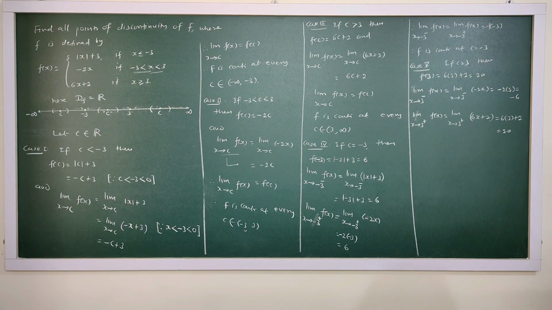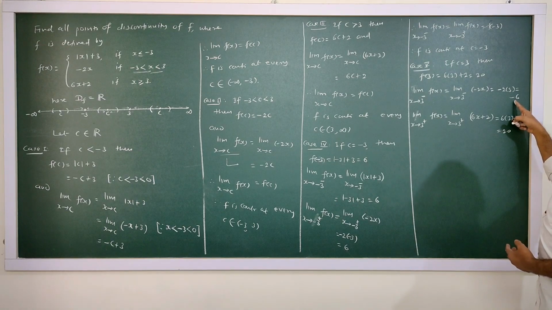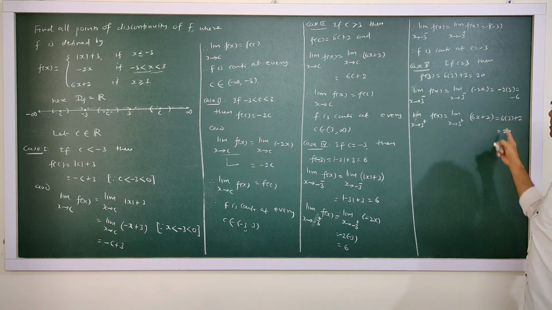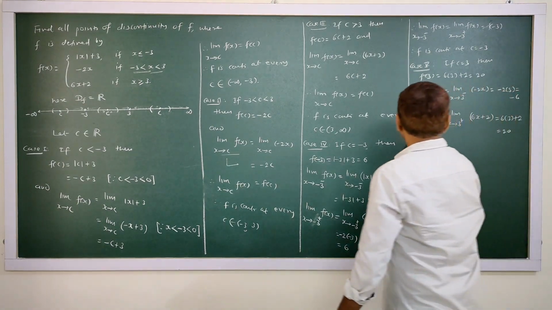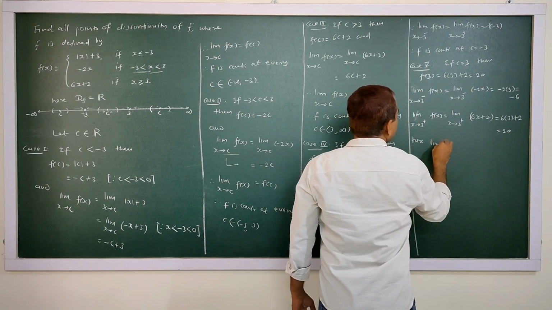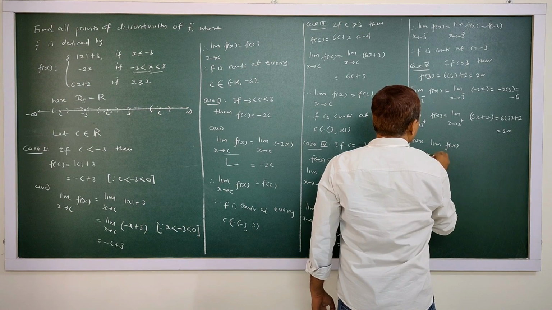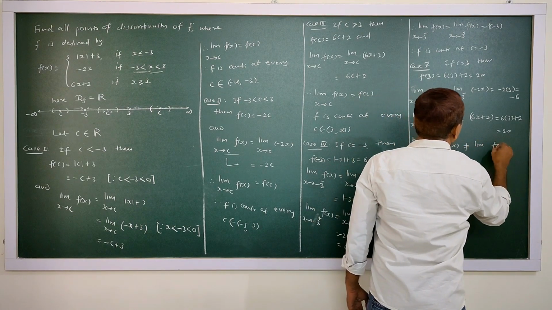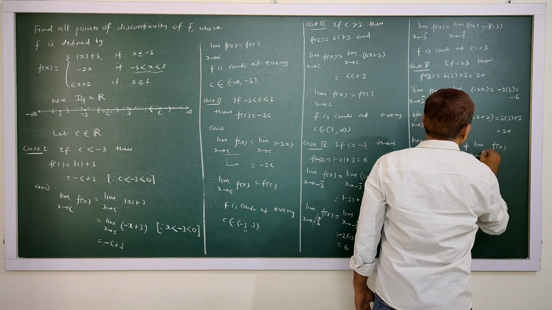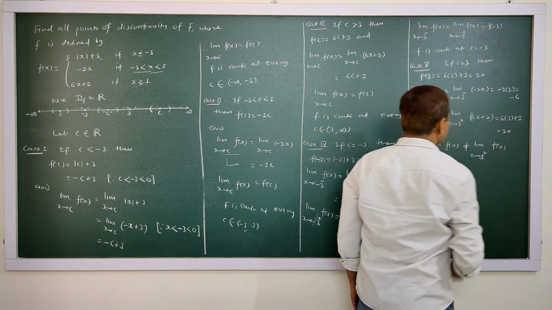So see, here what is happening? This value is different, these two are equal. Left hand limit is not equal to right hand limit. So here, limit of f(x), x tends to 3 from left is not equal to limit of f(x), x tends to 3 from right side.